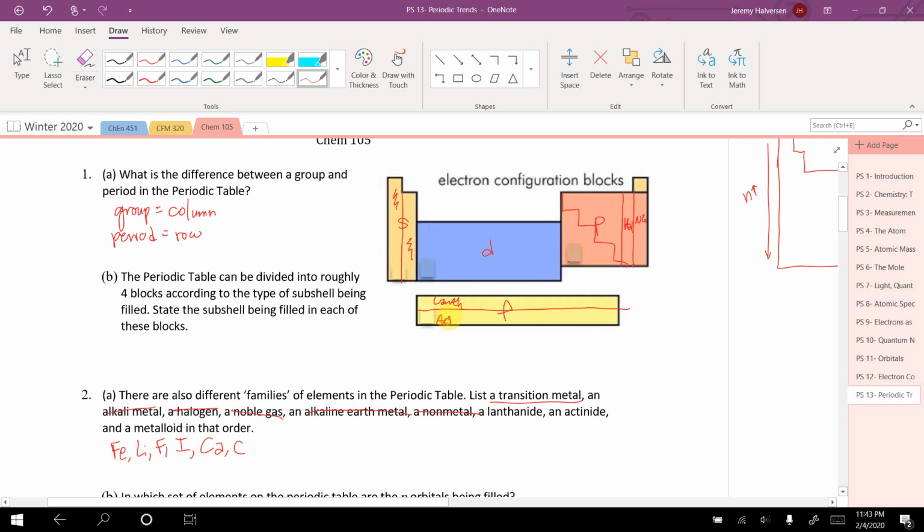Lanthanides, these are actinides. So Ce is a lanthanide and Th is an actinide. And last thing, a metalloid are things along this zigzag. Silicon is along that zigzag. So again, there's lots of answers you could have given there, but you do need to understand what the different parts of the periodic table are called.